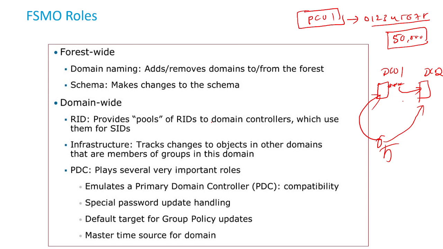So why am I telling you this? Since the PDC is responsible for password synchronization, time synchronization, and group policy synchronization, you will get a lot of issues. This is just an example.